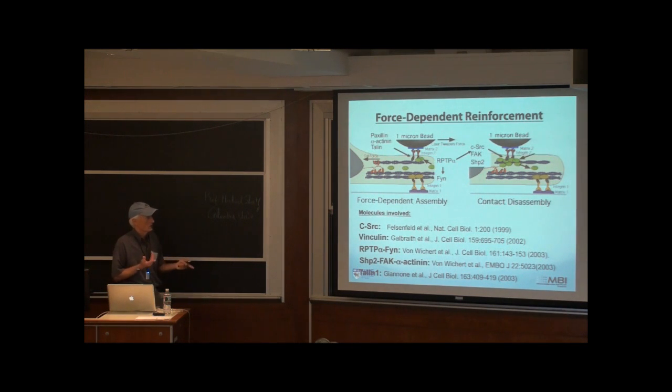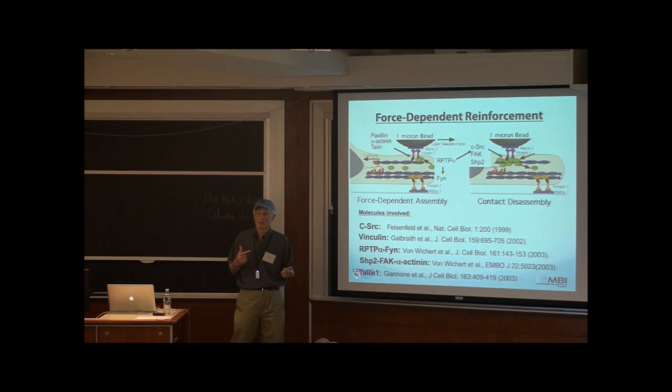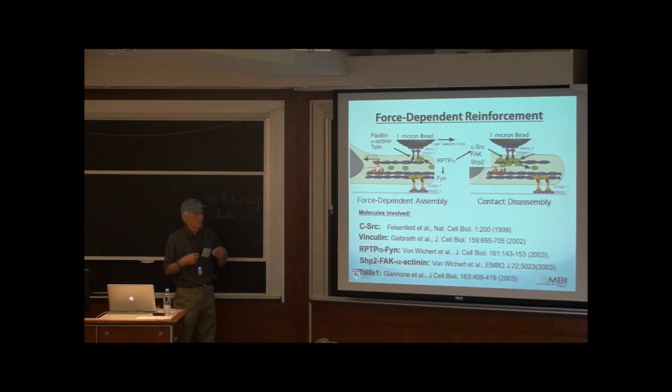The next question is whether this is really involved in rigidity sensing. And from the work with the laser tweezers, we addressed this issue. And some time ago, to work out a biochemical pathway, which involved, it seemed at the time, receptor-like protein tyrosine phosphatase alpha.